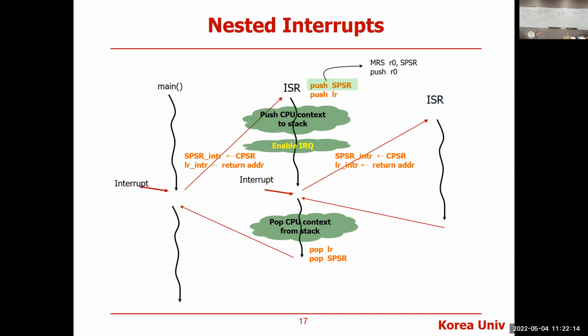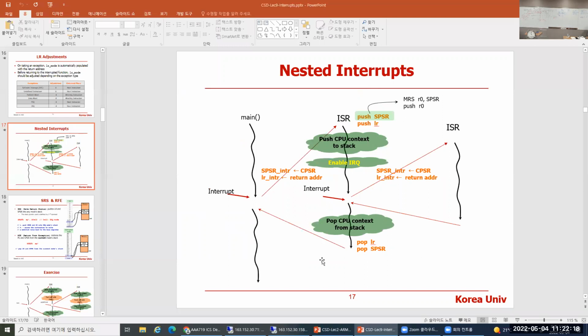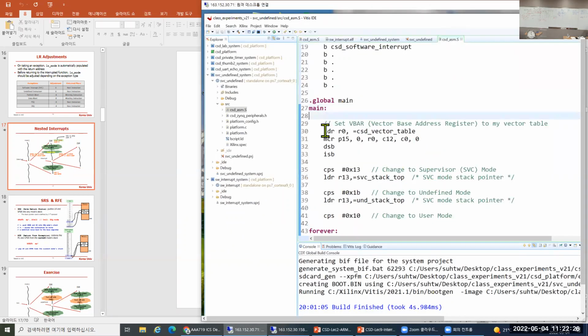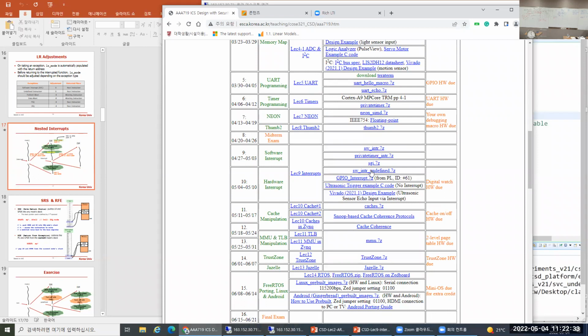Only lecture is too boring, right? So let me show you this. You can download this one. Software interrupt and undefined. That is an example of nested interrupt and exception processing.